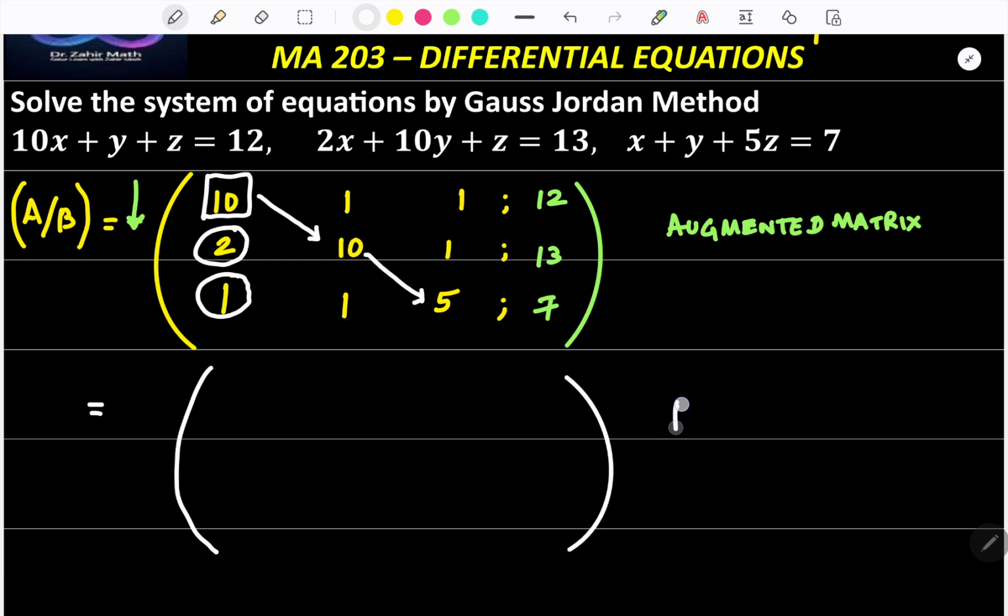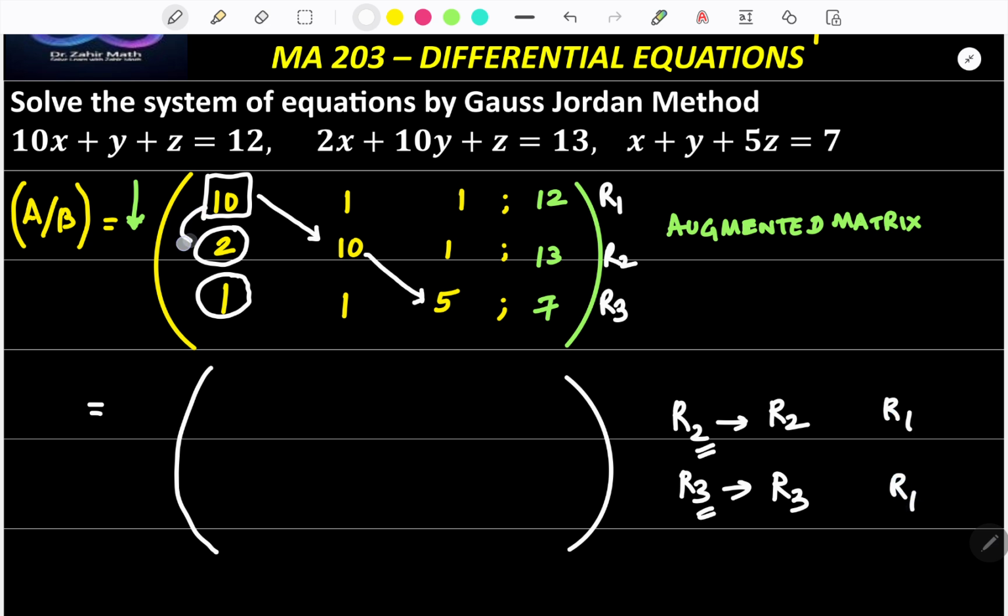Now, this is called R1, this is R2 and this is R3, the rows. So R2 becomes, R3 becomes. Whenever you put R2 here, you must put R2 here. Whenever you put R3 here, you must put R3. And what is the helper? The helper is R1, you must put the helper on the other side. Now look here, between 10 and 2, is it the same sign or a different sign? Same sign means plus, plus or minus, minus. Plus, plus, right?